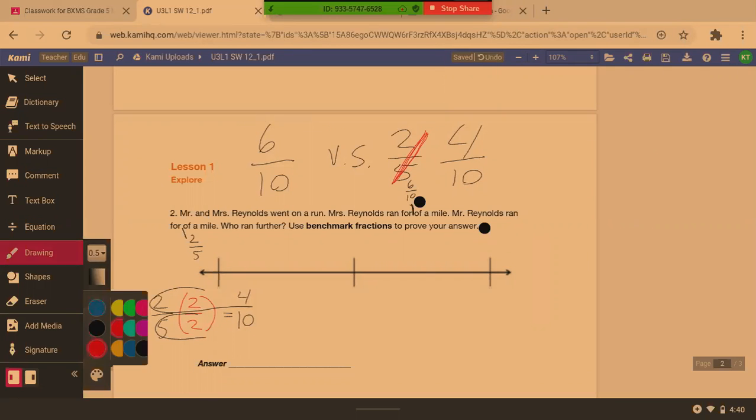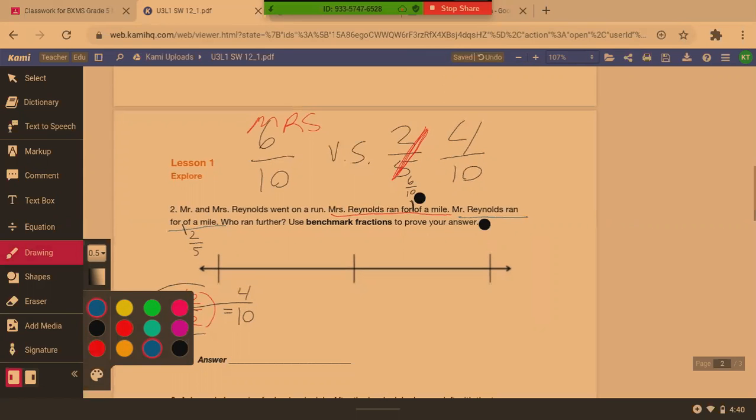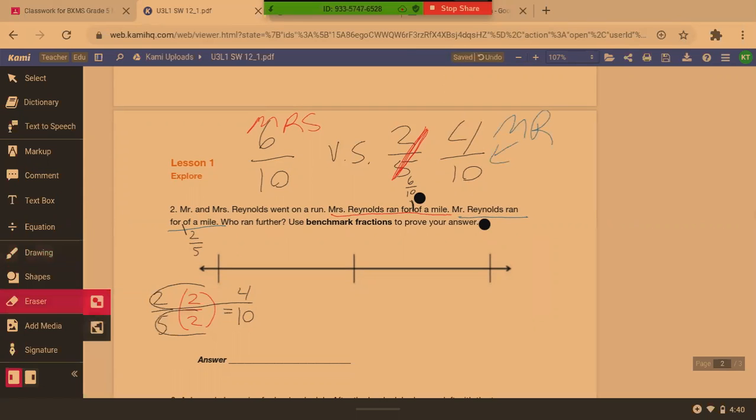And 6 out of 10, that is Mrs. Reynolds. So the missus ran 6 out of 10, and Mr. Reynolds ran 2/5. There we go. So the missus ran more.